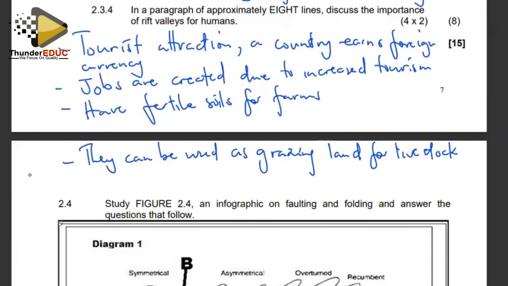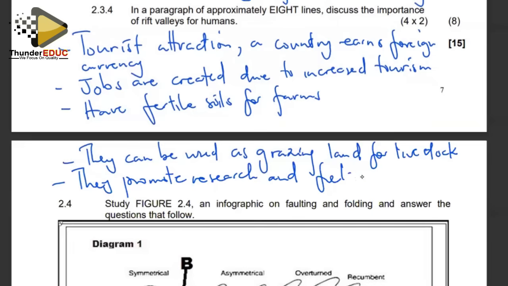And finally, we can say the rift valleys promote research and field work. Geographers tend to investigate the rift valleys. They research how the rift valley forms and how the divergence is taking place.